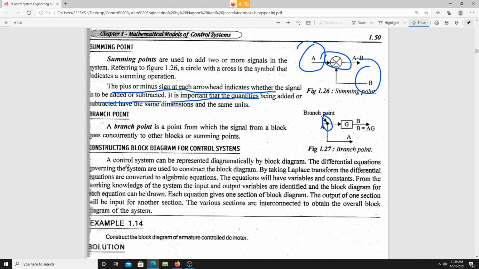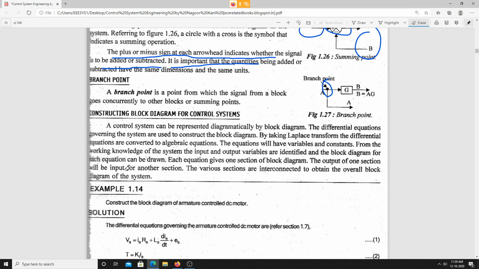Now for constructing block diagrams of a control system, we are supposed to use the differential equations governing the system. With the help of the differential equations, we can construct the block diagram.